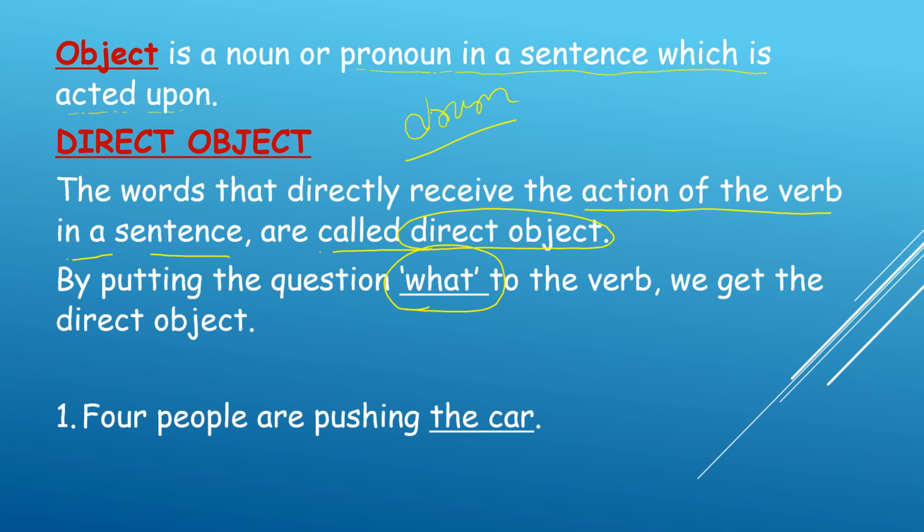Now let us try to understand with an example. Four people are pushing the car, our subject. Four people, what are they doing? Pushing the car. So the direct action is done on the car. So four people, the action is pushing and the car is our direct object.